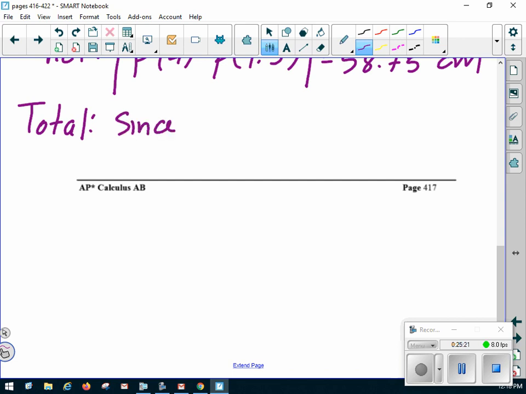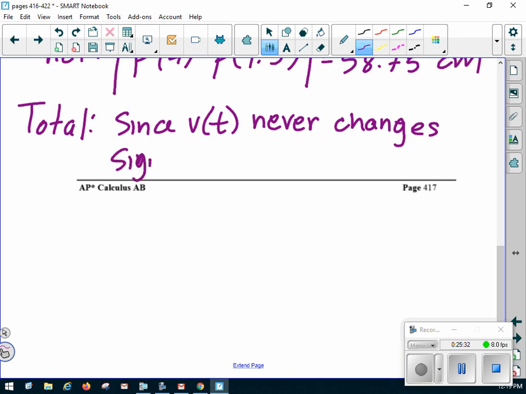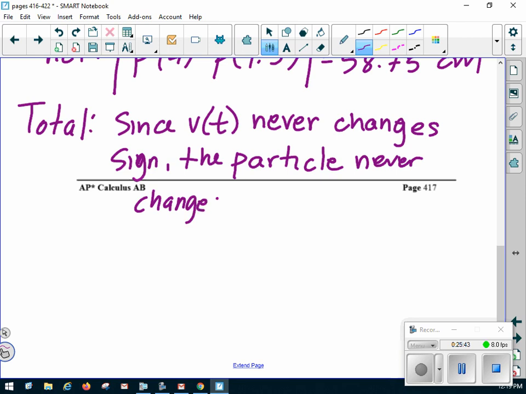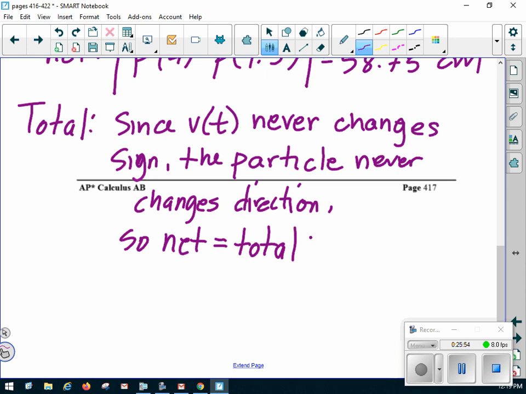Since the velocity never changes sign, the particle never changes direction. So net distance equals total distance, which is 58.75, whatever it was. What was it, centimeters?